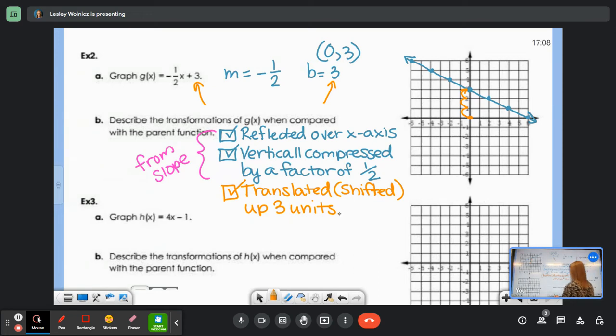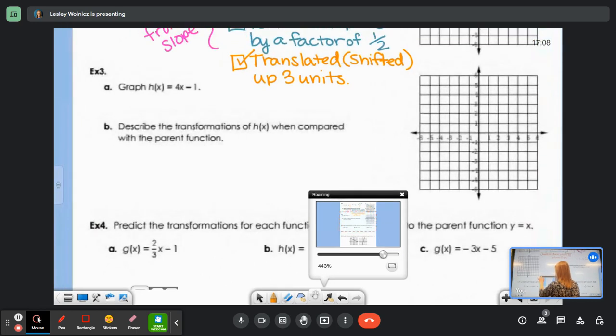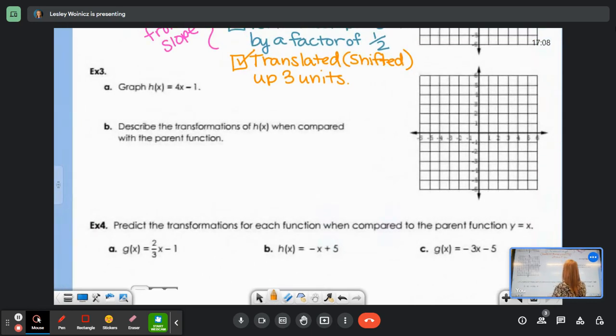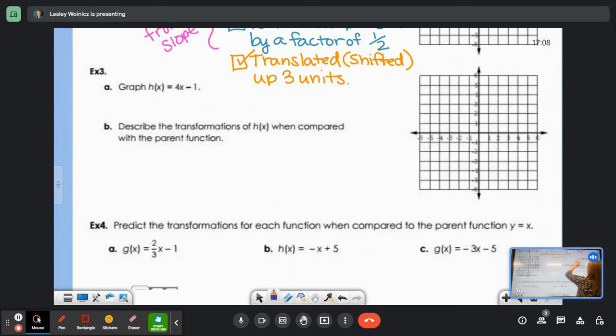All right, let's try another one. This one we have h of x equals 4x minus 1. So my m is 4 over 1. That's my rise over my run. And my y-intercept is (0, -1).